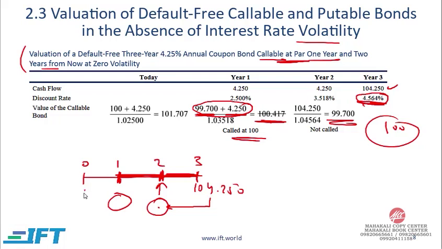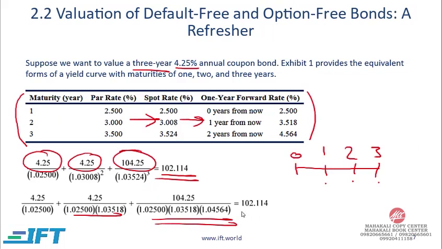So the value today then becomes the discounted value of 100 plus the coupon rate of 4.250, discounted at the spot rate today, which is 2.5%, and this gives us a value of 101.70. Now I want you to compare this with the number that we got on the previous slide.